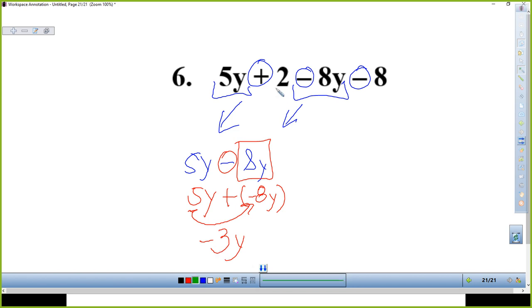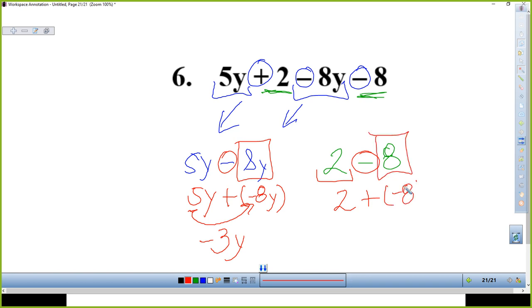I have 2 here and negative 8. So I'm going to write 2 and negative 8. Question, is there addition in between? No, so that means we're going to change this to addition. First number stays the same, and what is the opposite of 8? Negative 8. Alright, so with that said, 2 of these cancel 2 of those because they're opposites, so that leaves us with negative 6.